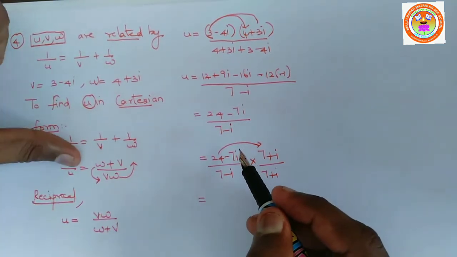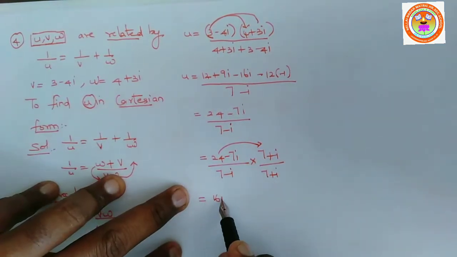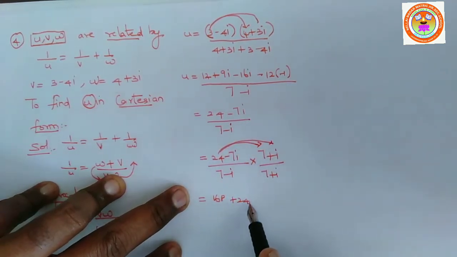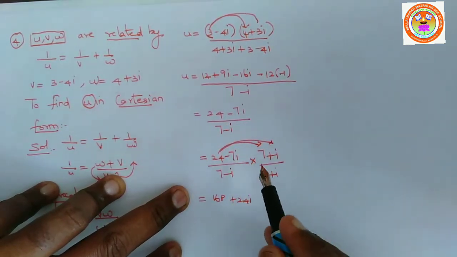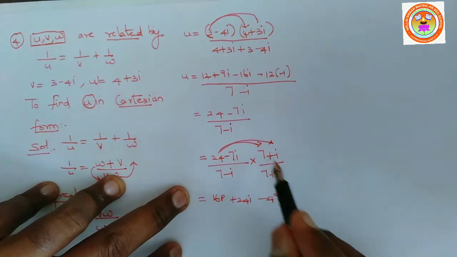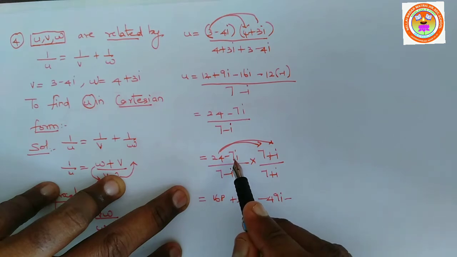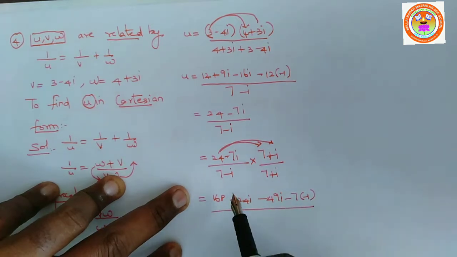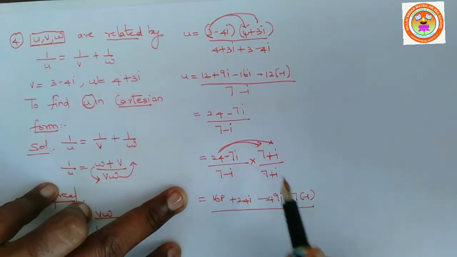First 24 into 7 is 168. 24 into i is 24i. Finally, 7 sevens are 49, minus 49i. Minus into plus, minus; minus 7i into i gives minus 7i², and i² value is minus 1. For the denominator you can use the formula for (7 - i)(7 + i).